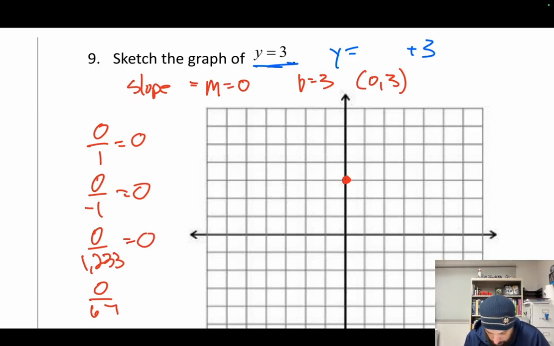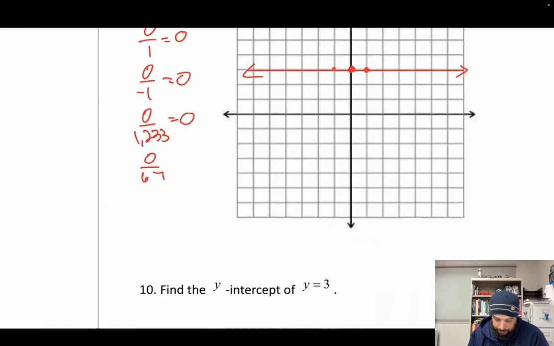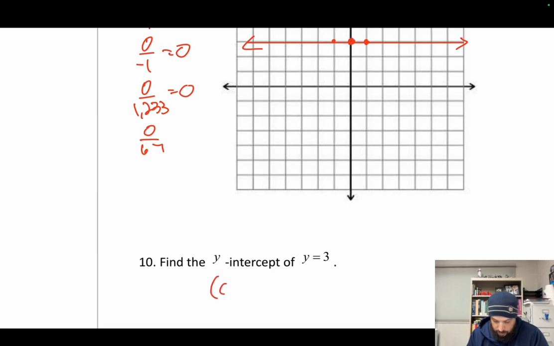So I can run whatever I want. So really, we just plot some horizontal points, and this is a horizontal line that goes through y equals 3 all the way across. And as we already talked about, our y-intercept is 0, 3.